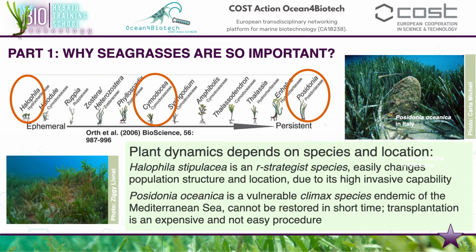So, just to start, you all know why seagrasses are so important. They are very different species, from the most ephemeral, like Halophila, to the persistent climax species like Posidonia, or intermediate ones like Cymodocea.